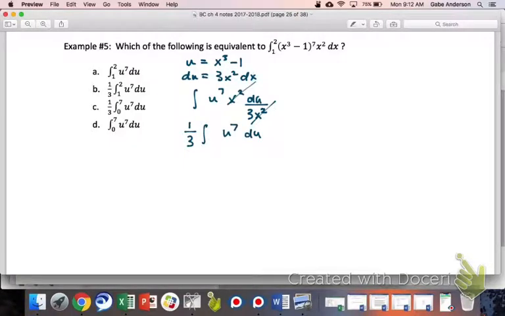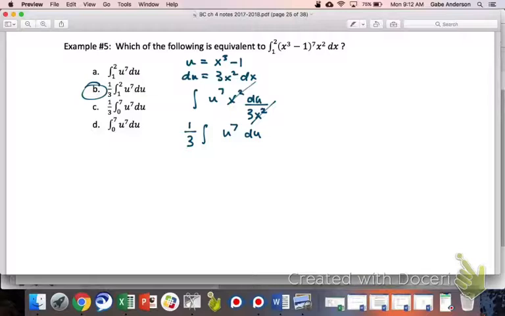And it might be at this point that we say, oh, okay, so it's got to be either b or c, right? We don't know that that's for sure true, but I'm encouraged that something up there looks sort of like what I've got. The main thing that's remaining here is how do we deal with the limits of integration? The old limits of integration, of course, were 1 and 2. And this is where someone who's most of the way there would make a mistake and circle b, right?